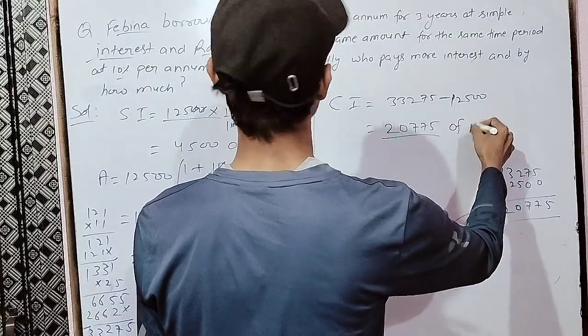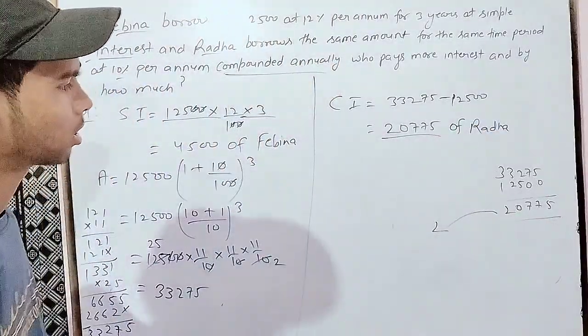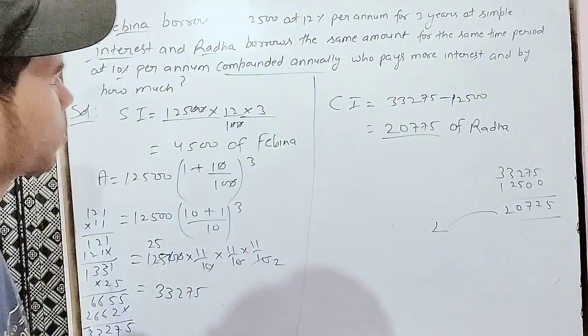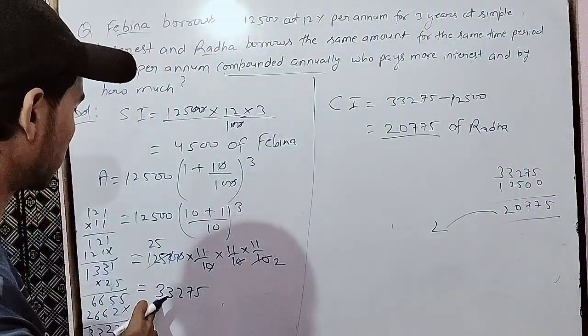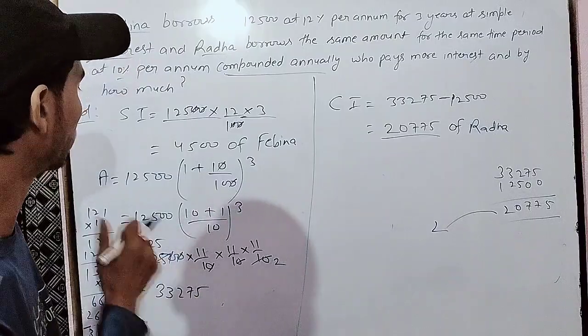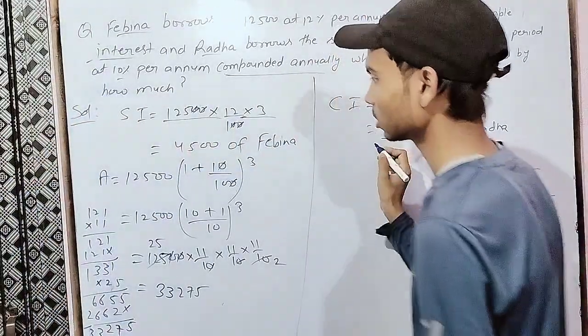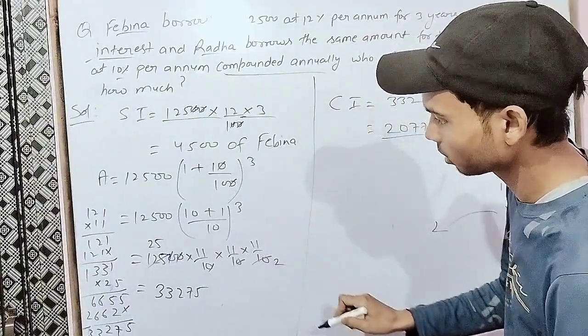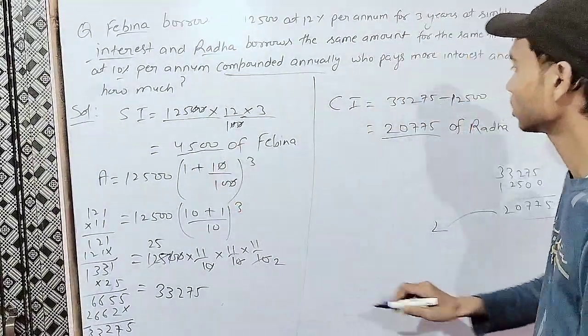Now, just have a look. And this is 33,275. So this is a compound interest, and this is where it is a simple interest.